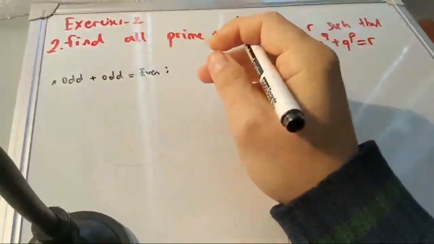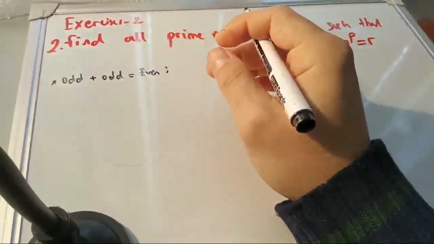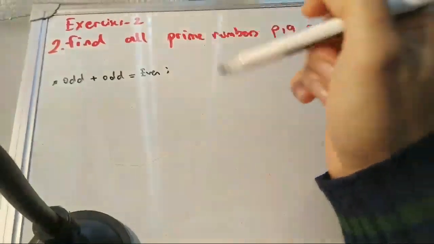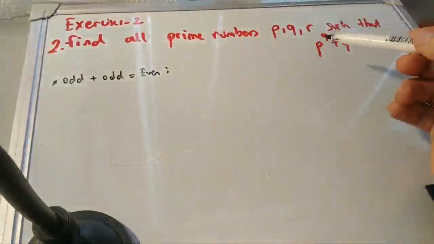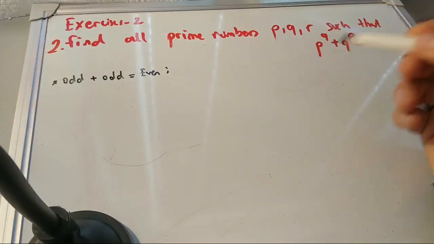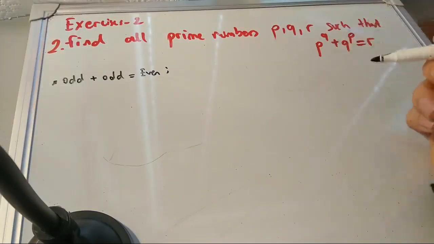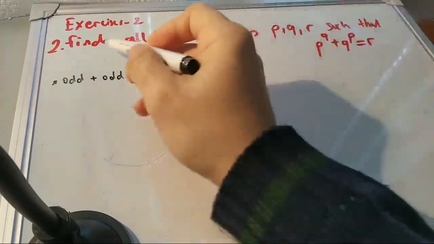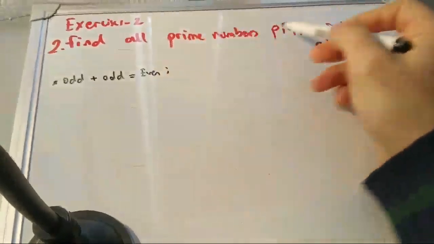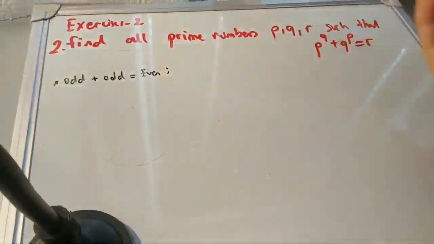Keep it first. If p to the power of q and q to the power of p are odd numbers, r will be even, but all of p, q, and r are prime numbers. So r cannot be even.